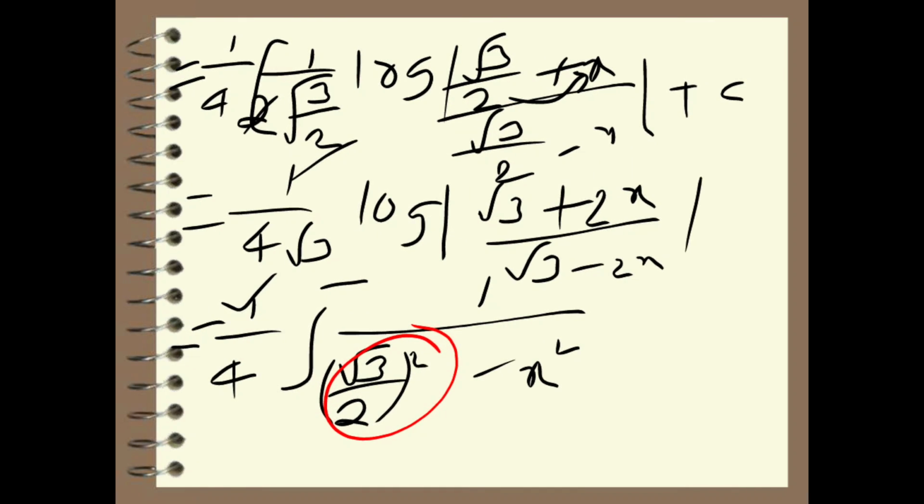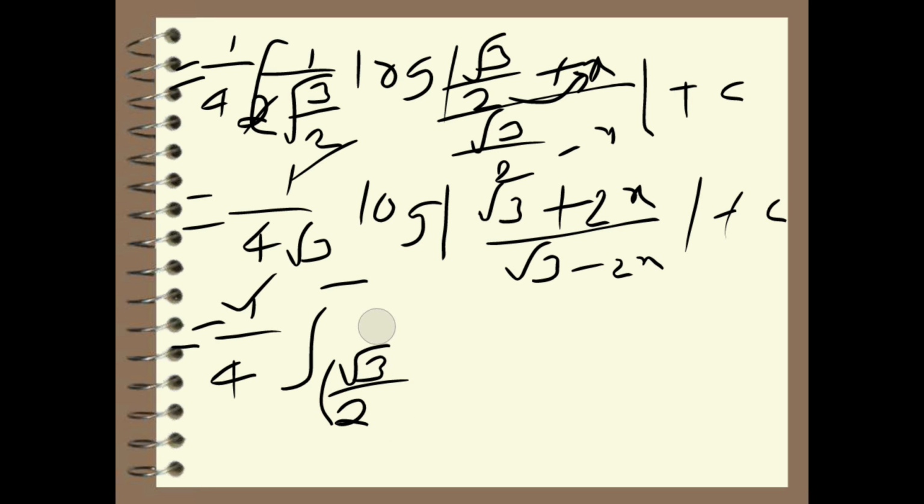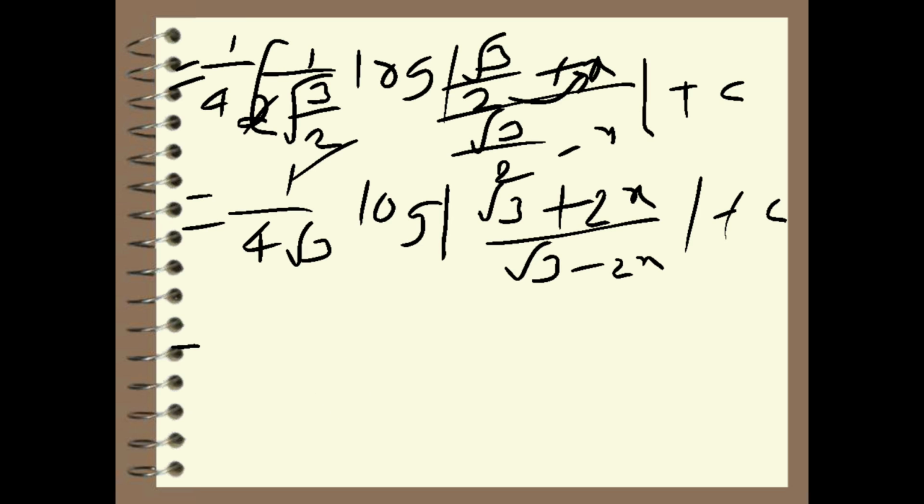In the numerator also 2 is there, in the denominator also 2 is there, so the 2 gets cancelled. Okay. So this is our answer, 1 by 4 root 3 log root 3 plus 2x by root 3 minus 2x plus c. Okay. Is it clear, my dear students?